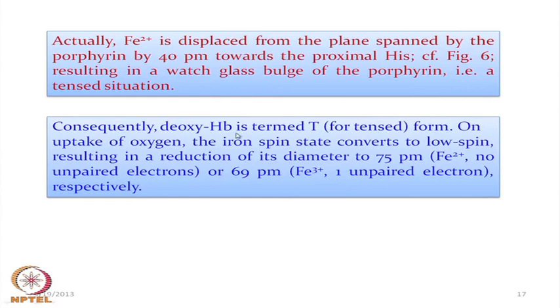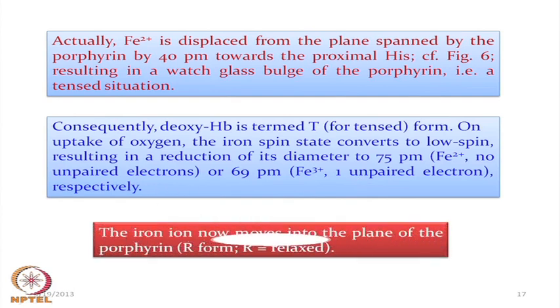As a result, the deoxyhemoglobin is termed the T form, and on uptake of oxygen, the iron spin converts to low spin, and the diameter is reduced from 75 picometer to 69 picometer, going from the state with unpaired electrons to having no unpaired electrons respectively for this transfer.